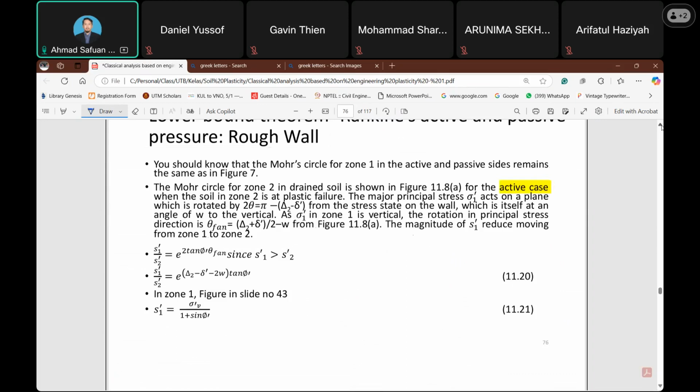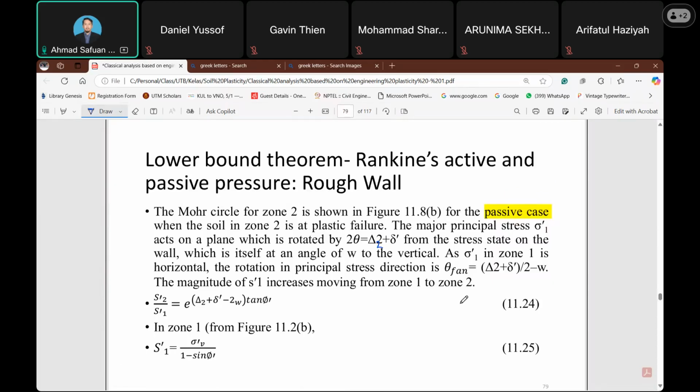Okay. As sigma 1 in zone 1 is horizontal, the rotation in principal stress direction is theta fan. Also delta subscript 2 plus delta over w minus w over 2 minus w. So the magnitude of sigma 1 increases moving from zone 1 to zone 2.